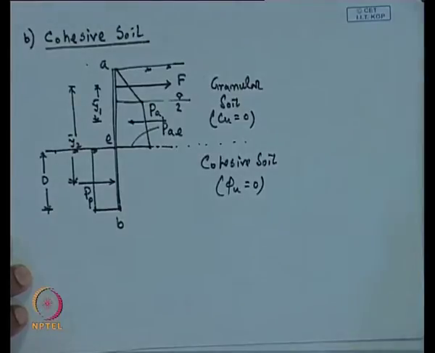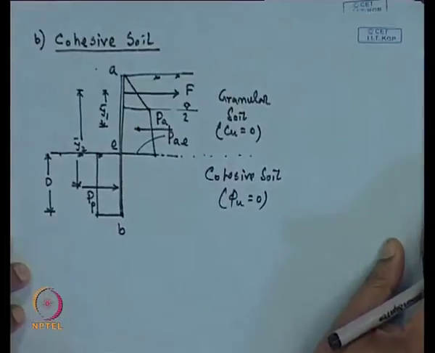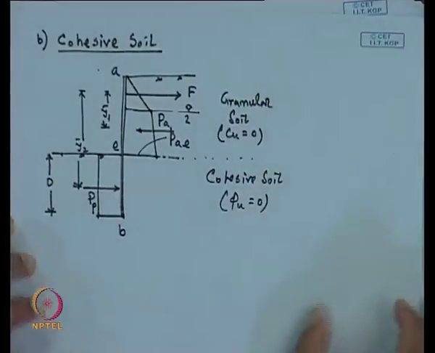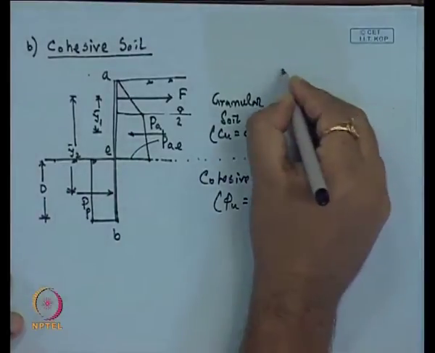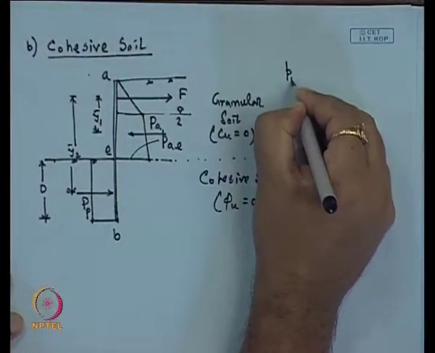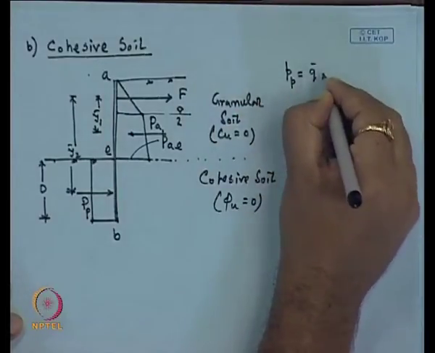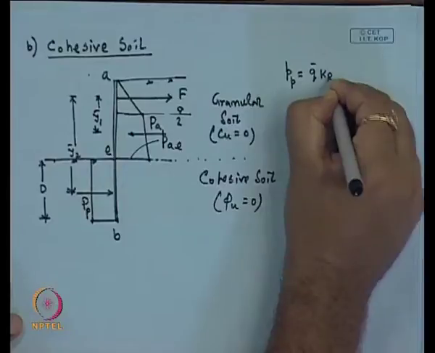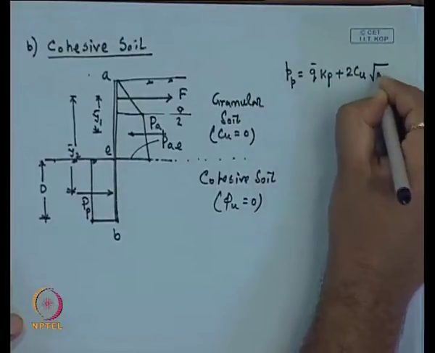So, now when we try to calculate the forces at different levels, we can get the value this way. For the passive pressure diagram, that is Q bar K P plus 2 C u root K p.